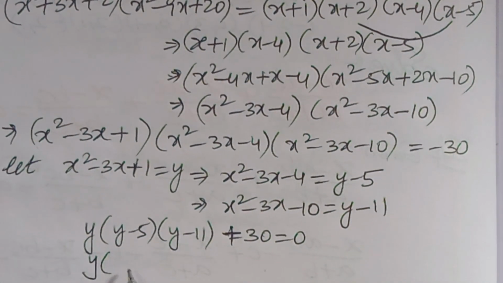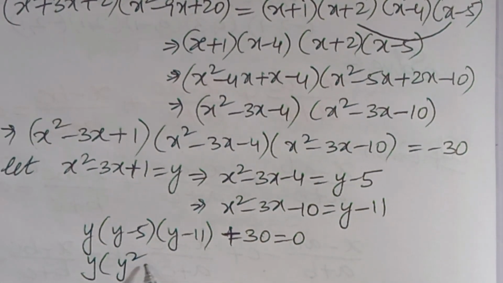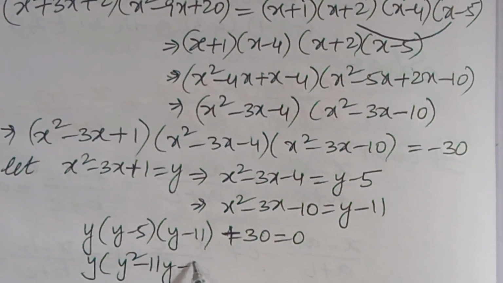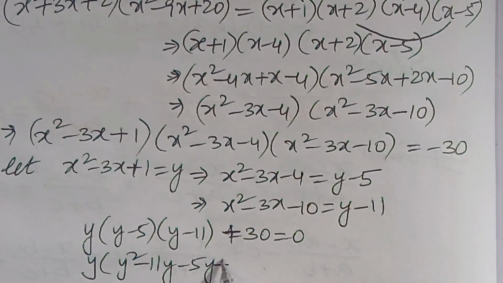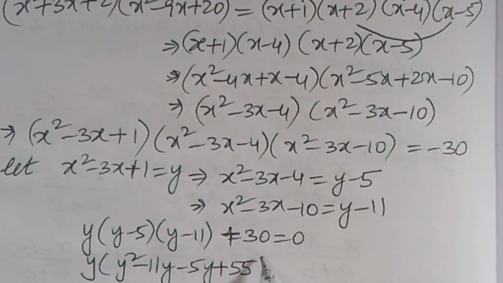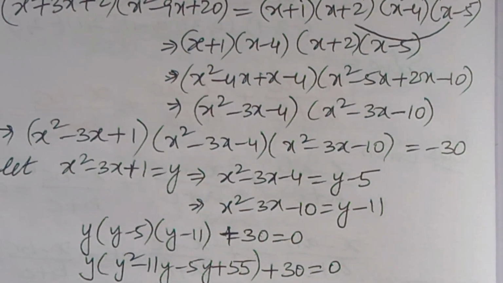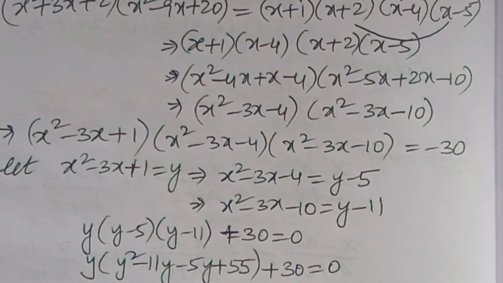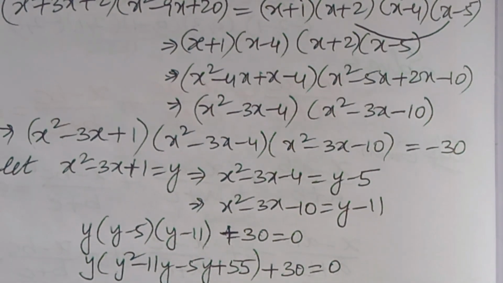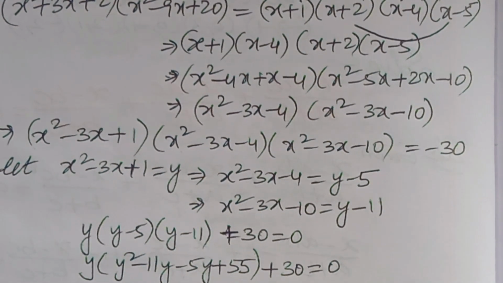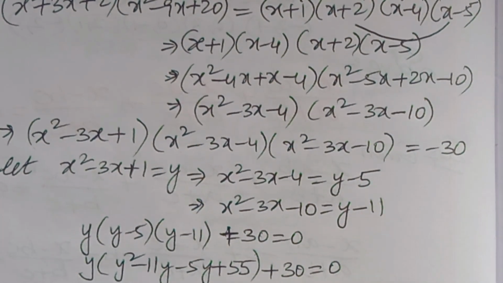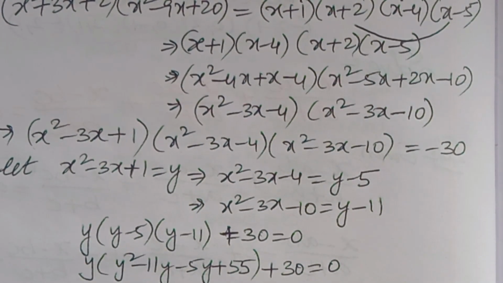So y(y² − 11y − 5y + 55) + 30 = 0. That gives y³ − 16y² + 55y + 30 = 0.